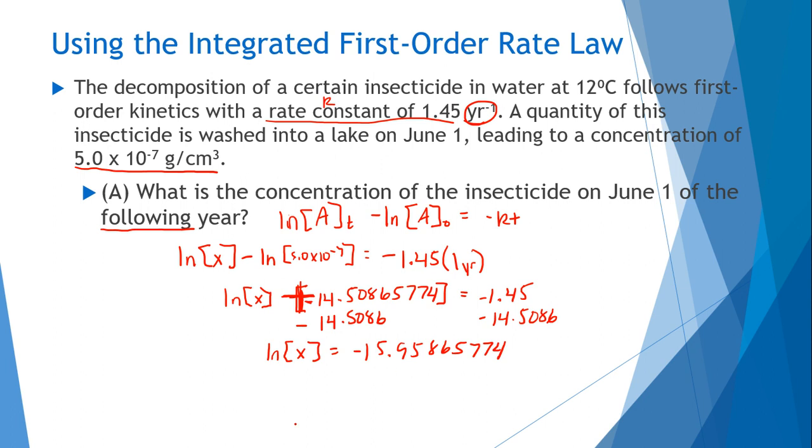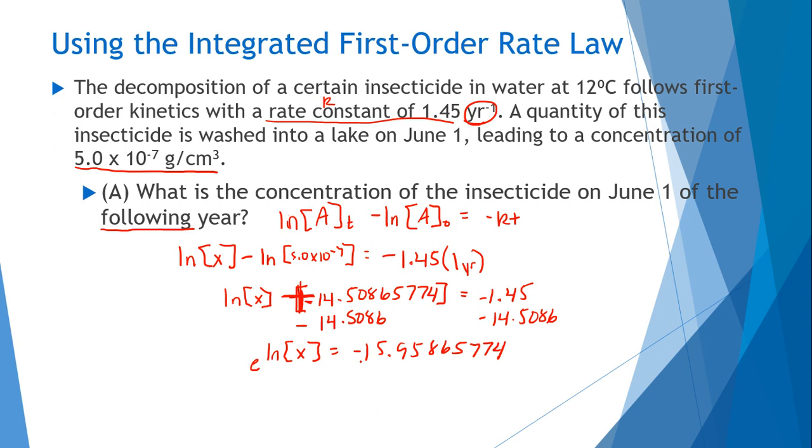15.95865774. Oftentimes, I see students get stuck on this part because they see that they have x by themselves and they don't know how to get rid of that natural log. Well, I want x completely by itself, so to undo a natural log, you're going to find the exponential button on your calculator, which is a little e.